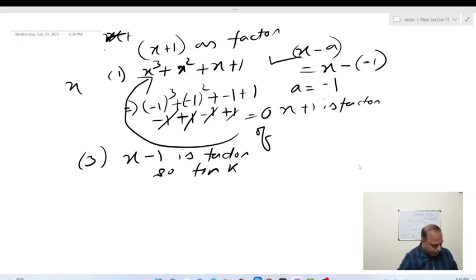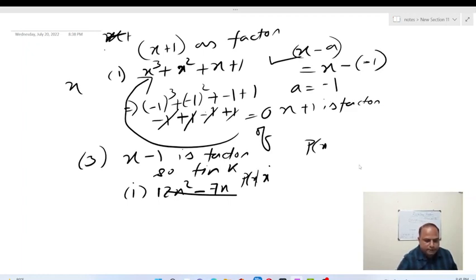What is the polynomial? The question is, p(x) is equal to x squared plus x plus k.